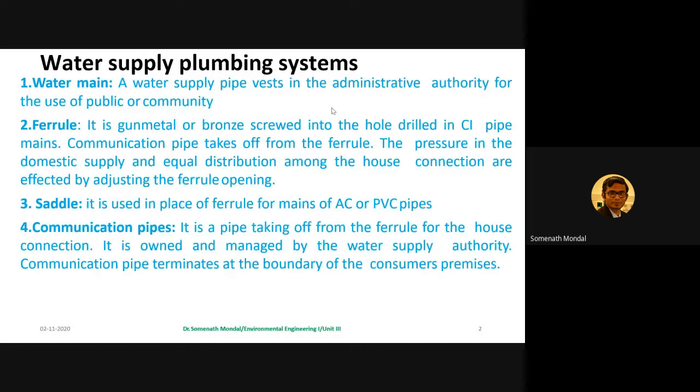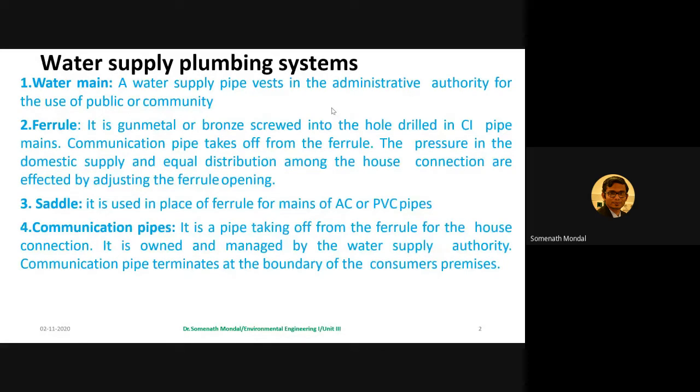Its size usually varies from 10 to 50 mm dia, and for connections of more than 50 mm dia, a T branch connection is required. And the pressure in the domestic supply and equal distribution among the houses are actually adjusted through the ferrule opening. So the ferrule is a very important component in the distribution system.